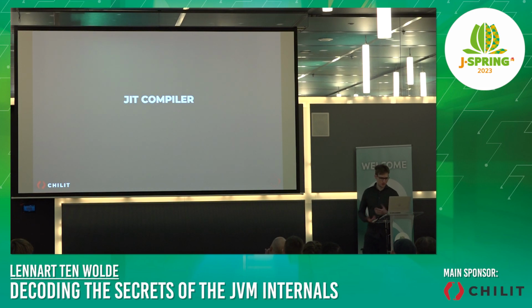A lot of people know about this from things like JavaScript V8, which relies very heavily on this. Java does so too. In fact, it has two of them, C1 and C2. They compile your bytecode into machine code. And a big difference between the JIT compiler and the interpreter is that the JIT compiler takes multiple bytecode instructions, think like an entire method, like maybe your main method, and it will convert all of those instructions into one block of machine code, which does all of the logic inside.